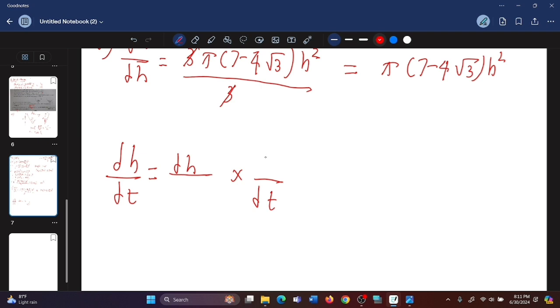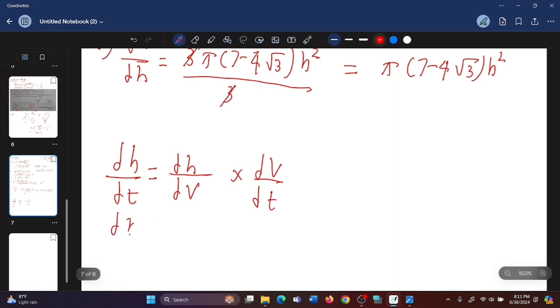We know dV by dt, so let's write dV. And we also know dV by dh. I wrote dV in the denominator as well as the numerator, thus it cancels out, so it doesn't change. It's the same as dh by dt. The right hand side of the equation is the same as the left hand side.